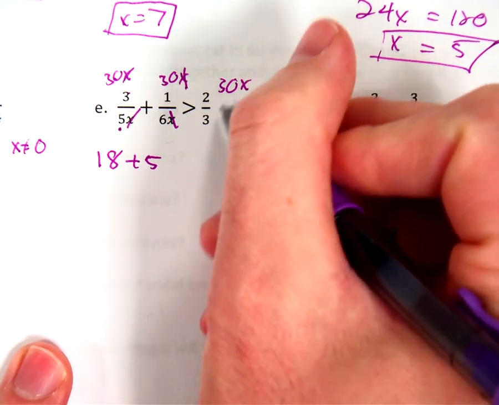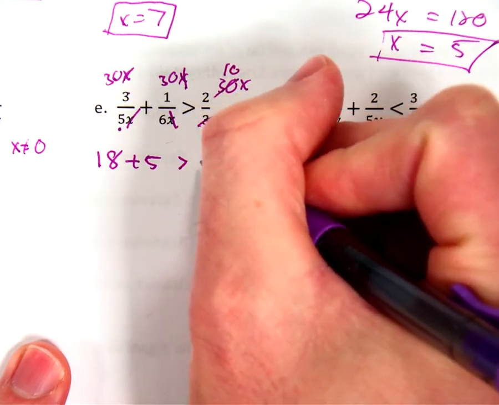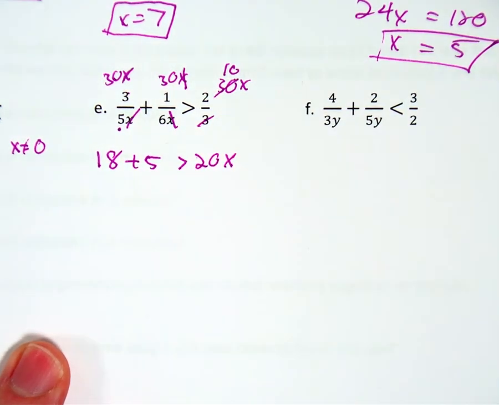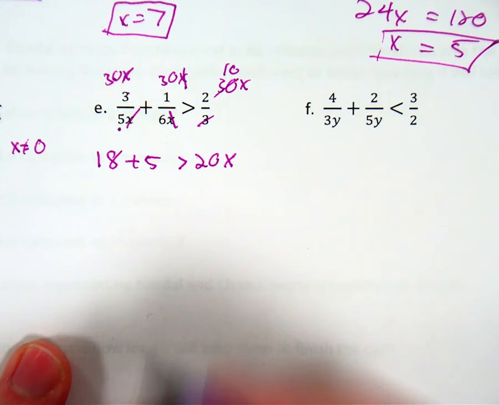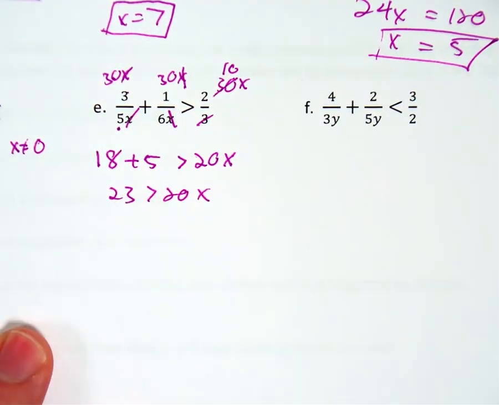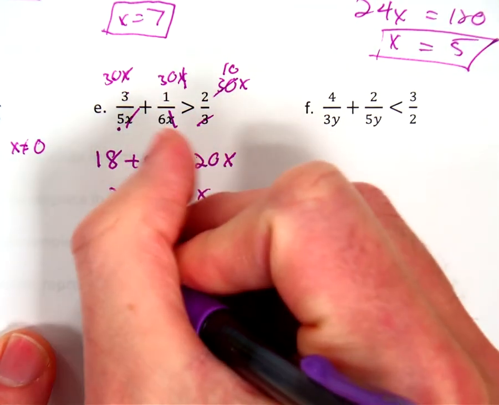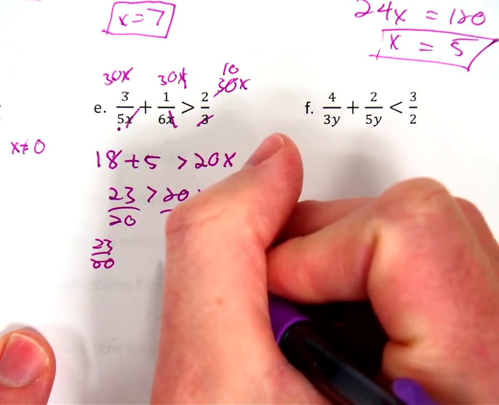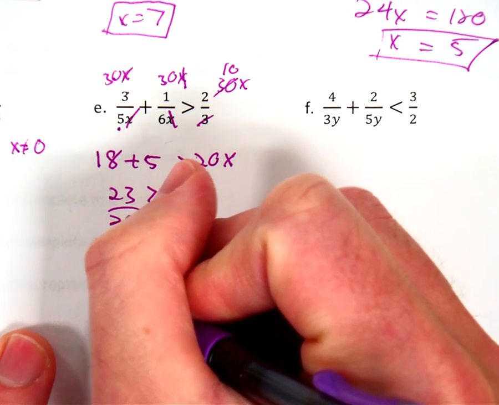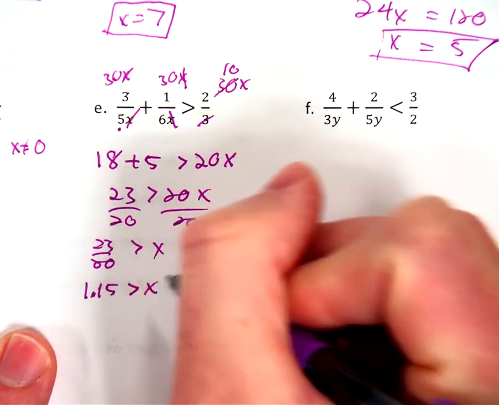And then over here, 30 divided by 3 is going to give me 10. 10 times 2 is 20x. 23 is greater than 20x. Divide by 20. So we got 23 twentieths is greater than x, or that would also be 1 and 3 twentieths, or 1.15 is greater than x.